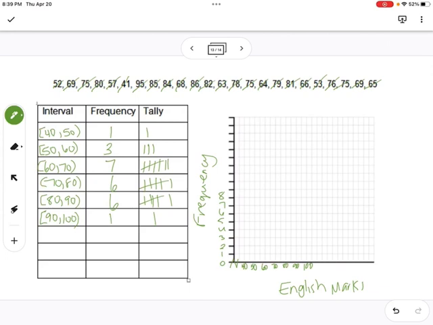So our 40 to 50 interval has 1. We create a bar from 40 to 50 at 1. 50 to 60 is 3, so we join that to the bar before it with a frequency of 3. 60 to 70 is 7, so the next bar goes up to 7. 70 to 80 we have 6. 80 to 90 we have 6. And 90 to 100 we have 1. Okay, so the bars between the intervals are connected to make our histogram.